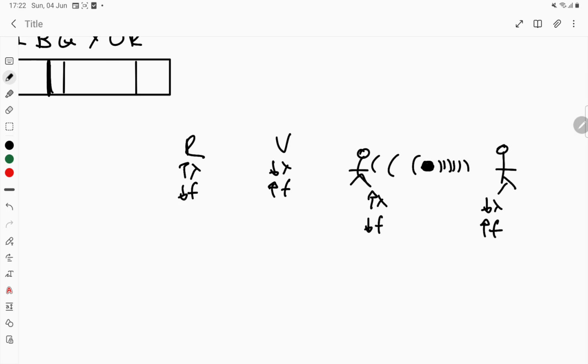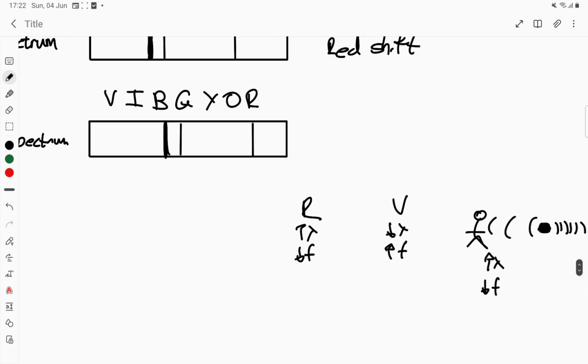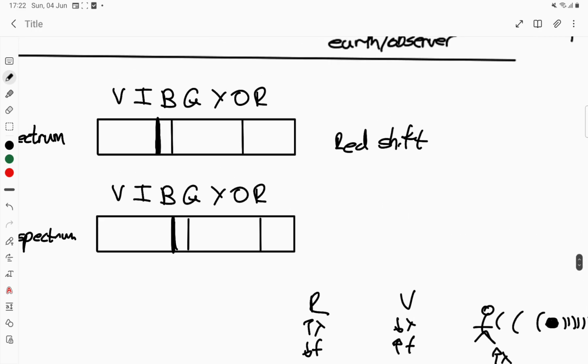A shift towards the red side will end up with the higher wavelength and lower frequency, and with a shift towards the violet side, we end up with a lower wavelength.